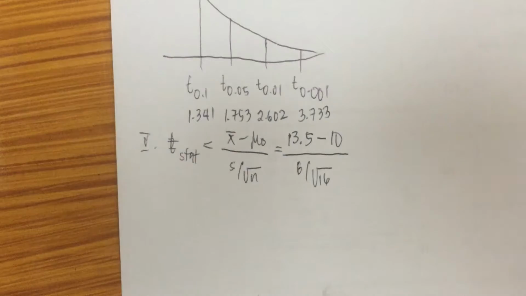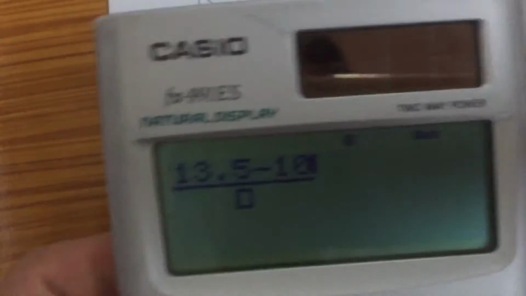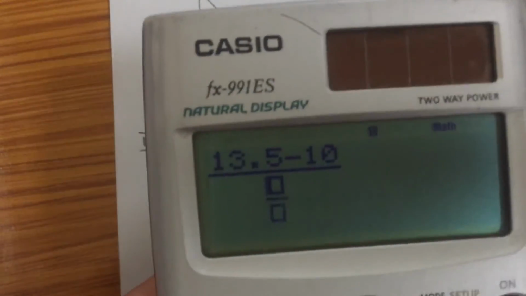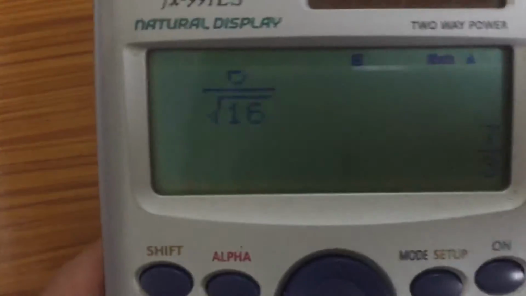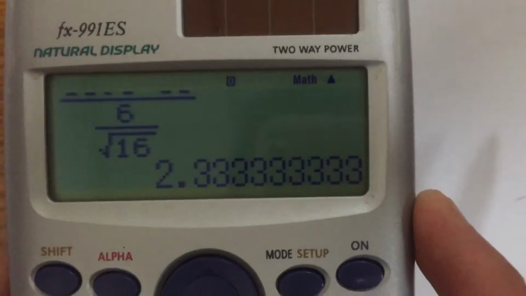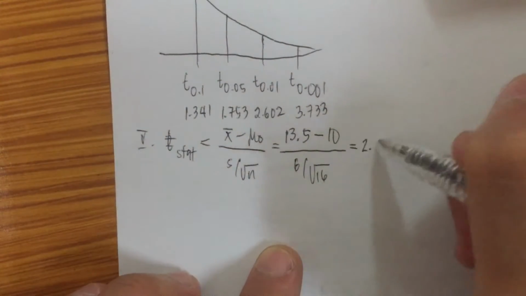So when we compute for this test statistic, that's 13.5 minus 10 over 6 divided by the square root of 16. Computing this gives us 2.33. That will be the test statistic.